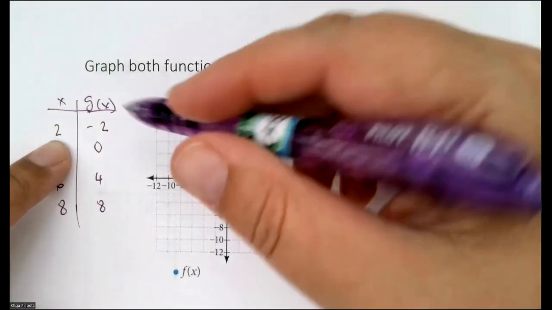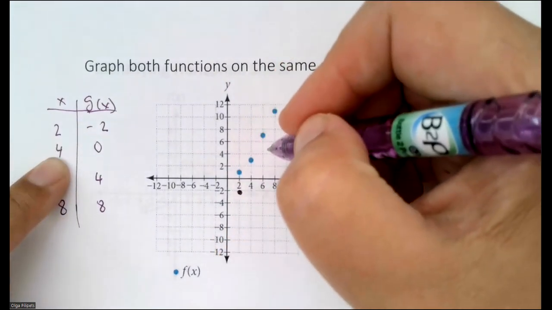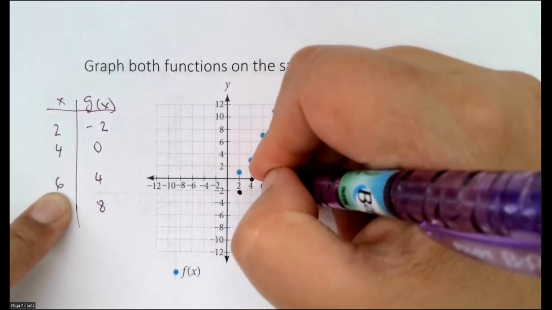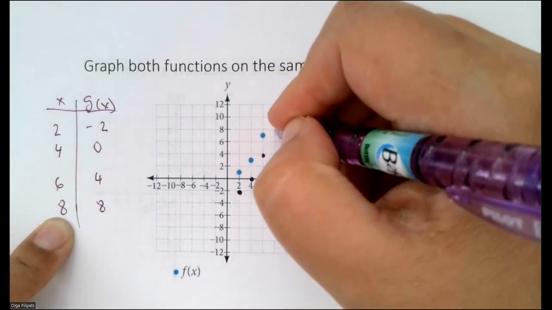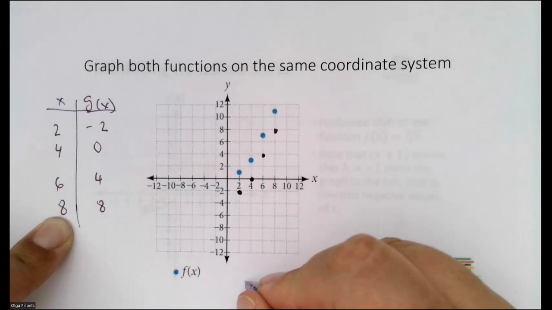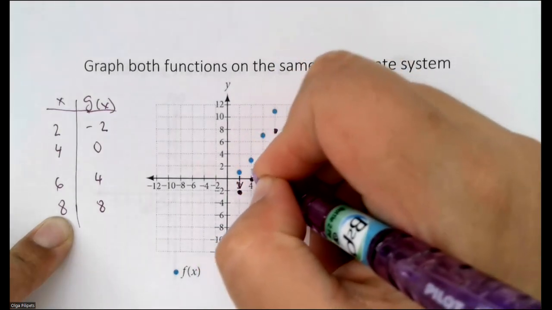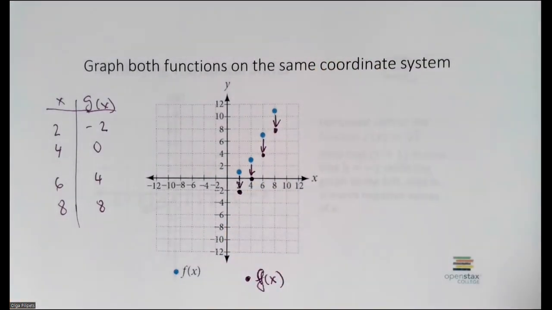For g of x, I have 2, negative 2, and then 4, 0, 6, 4, and 8, 8. So here we go. This is the graph for g of x. As you can see, each point was moved 3 units down. That's how we ended up with g of x.